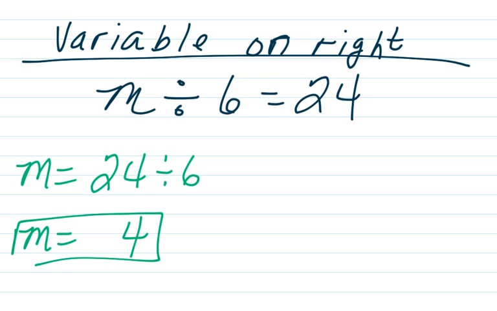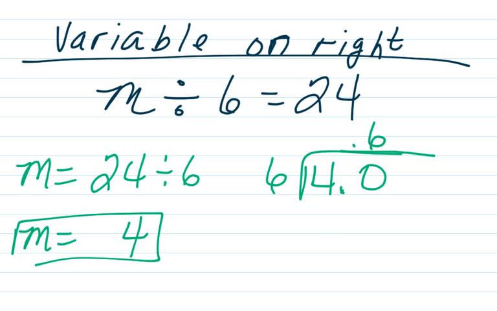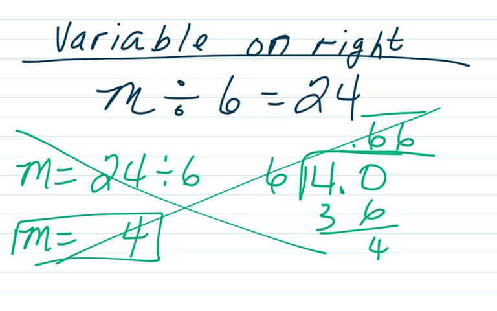And if we try to substitute 4 for M, which would be 4 divided by 6, well, we won't be able to do that. If we do that, we're going to end up with a decimal number, and that won't give us 24. So for this one, we can't divide if the variable is on the right.